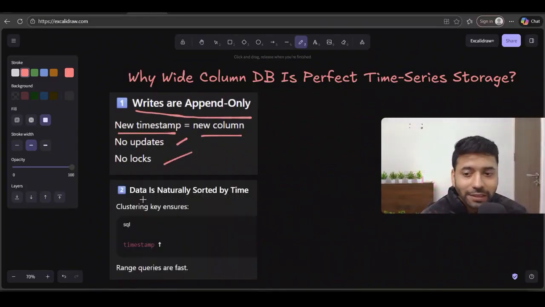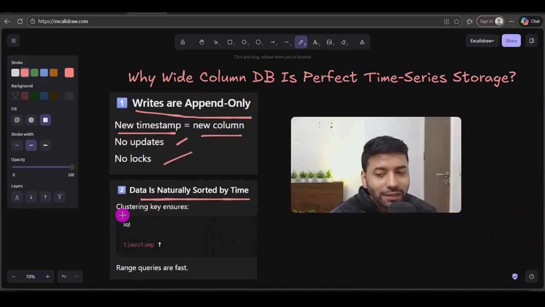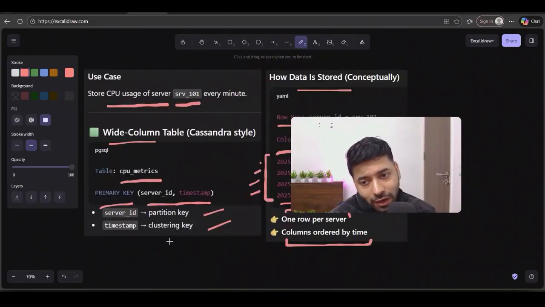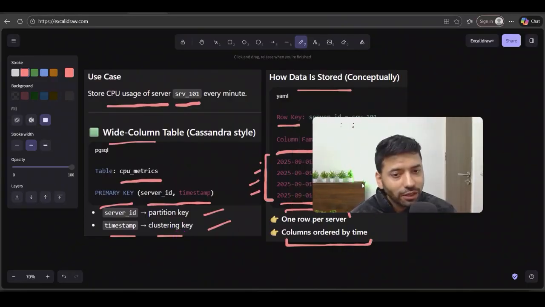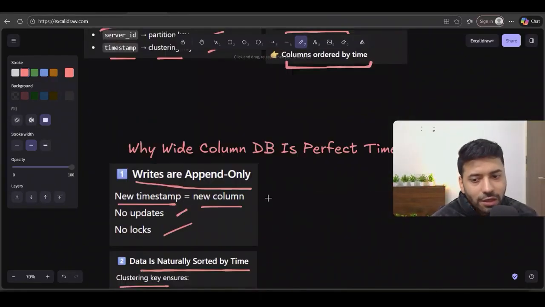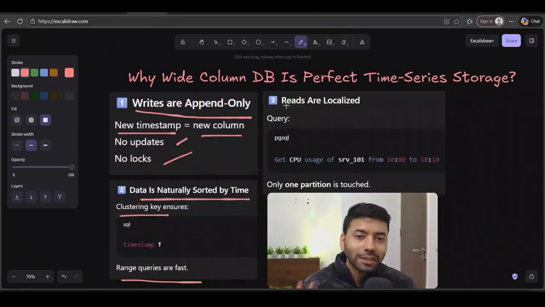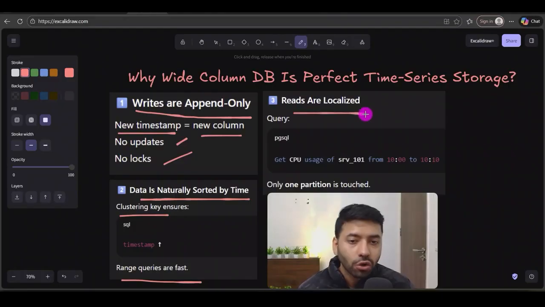The second reason is that data is naturally sorted by time. Our clustering key is the timestamp, correct? Like we saw here, the partition key is server ID and the timestamp is the clustering key, and you can clearly see the data is already sorted, so range queries are fast. Reason number three is that reads are localized.